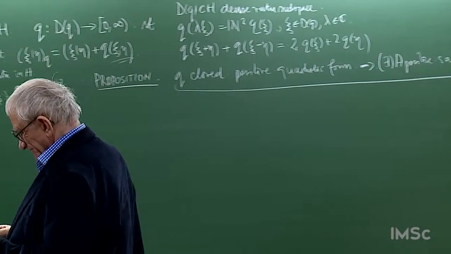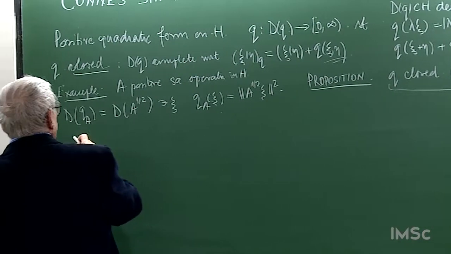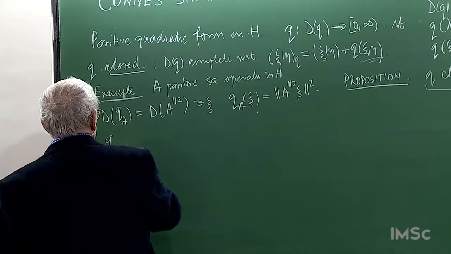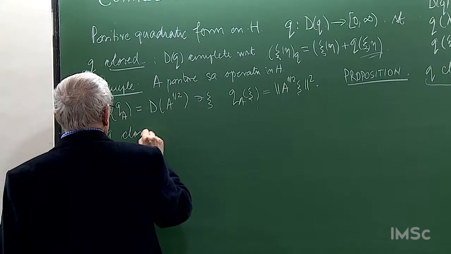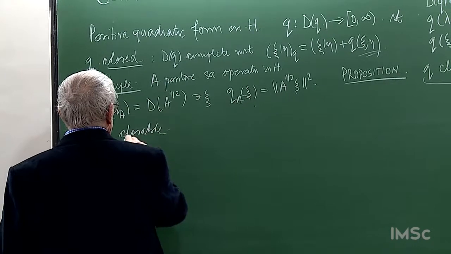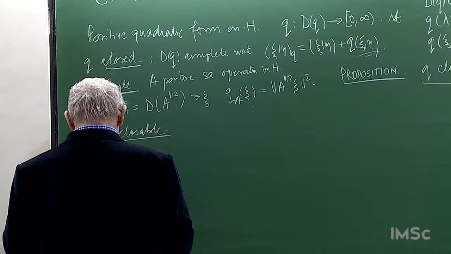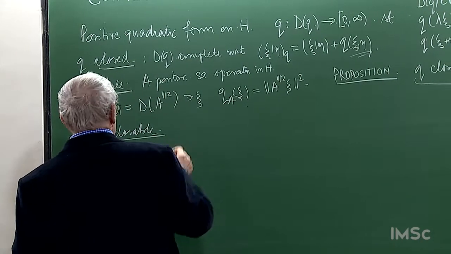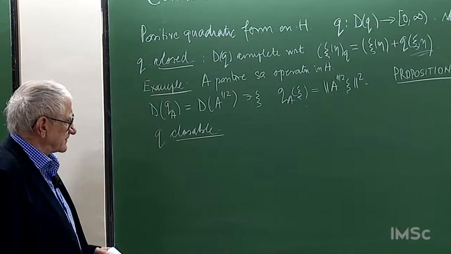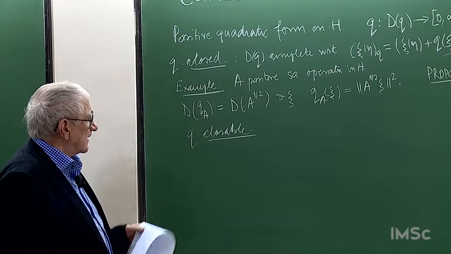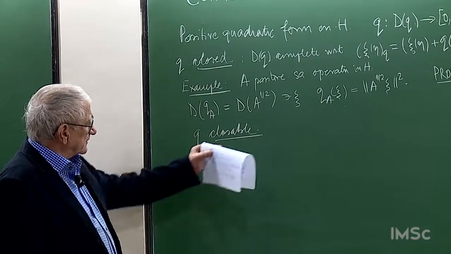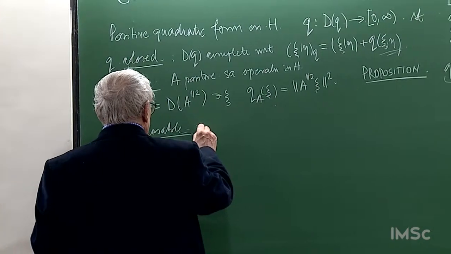Now, a form Q is called closable, it means the following thing. It means it has a closed extension, but there is something more precise than this.